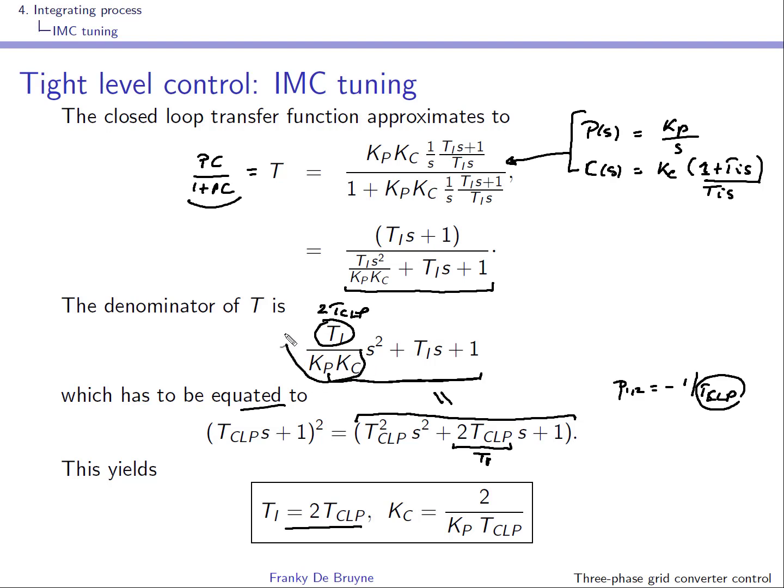You equate this thing here with this thing here, and you see that the gain of your controller is given by this quantity over here. Kp is the gain of your integrating system, and as I said, TCLP is your design parameter. It's the desired time constant in closed loop.